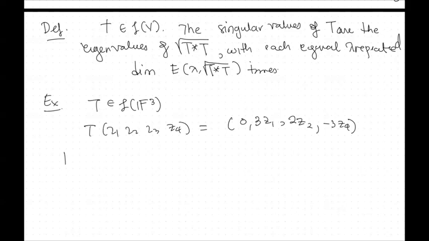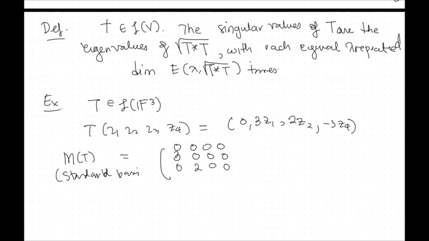If you look at the matrix with respect to the standard basis, this is 0, 0, 0, 0, then 3, 0, 0, 0, then 0, 2, 0, 0, and then 0, 0, 0, negative 3.